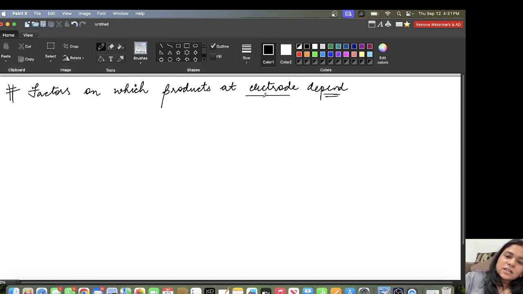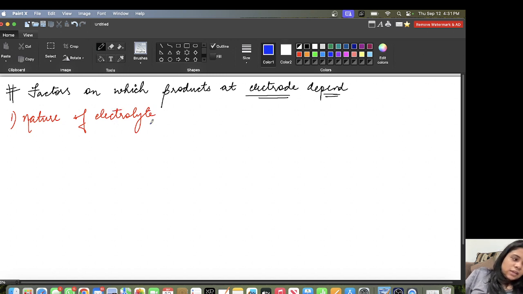The first factor is definitely the nature of electrolyte, like what electrolyte are you taking. Depending upon that only your cations and anions will form, right? You can take your KCl, your NaCl, your MgBr2, anything, right? So it depends upon the nature of electrolyte.